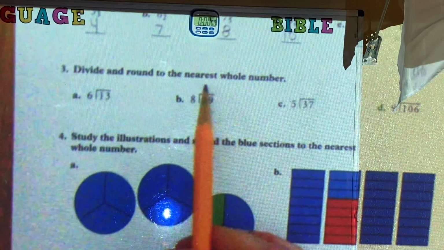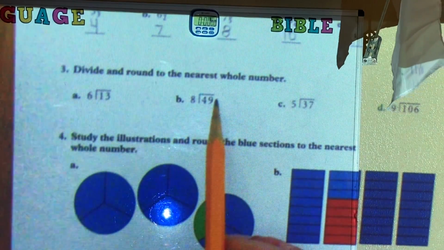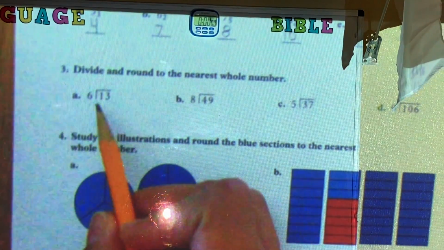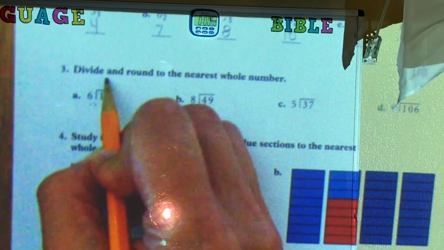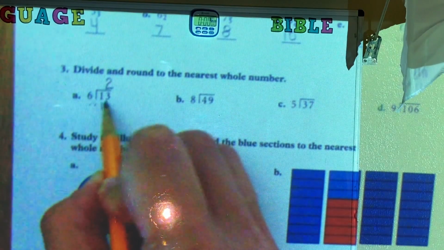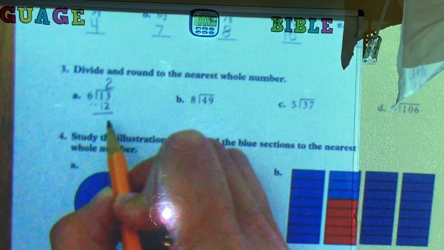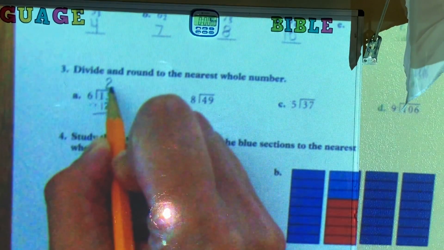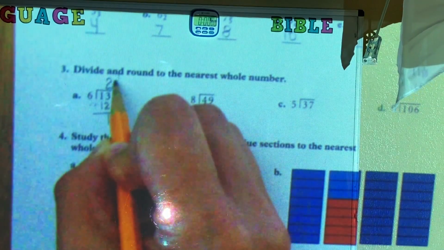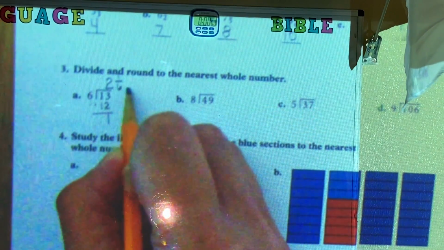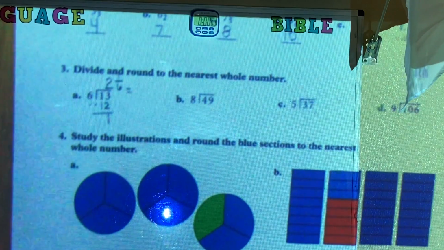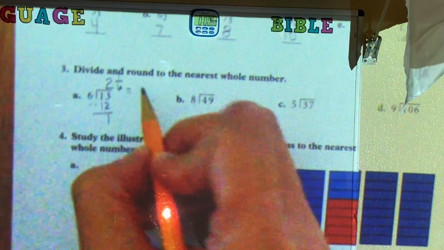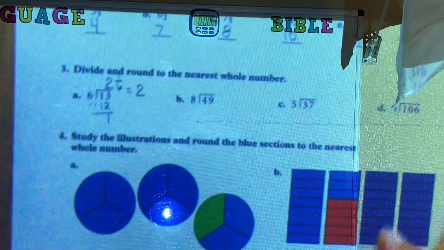Divide and round to the nearest whole number. So if we do this one, letter A, how many times does the 6 go into 13? That's going to be 2, and we're going to have 12, and we're going to have a remainder of 1. So it would be 2 and 1/6, right? And if we wanted to round that, because it is not greater than half, it stays as a 2, okay?